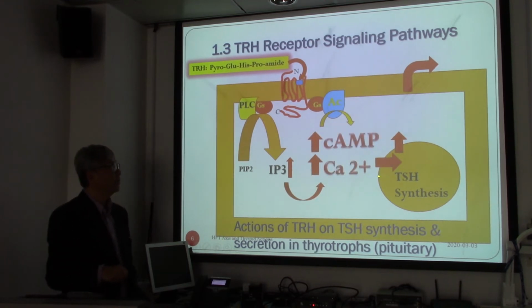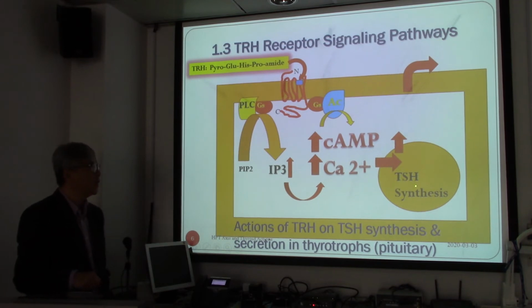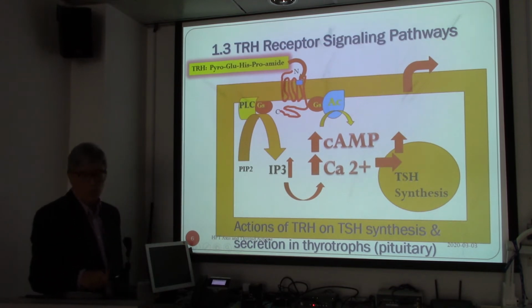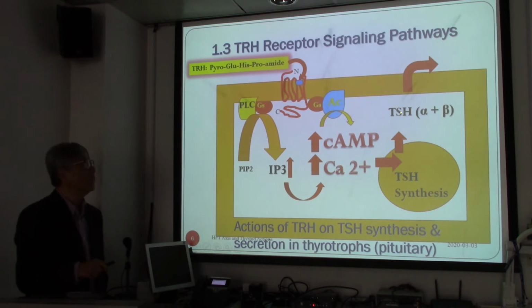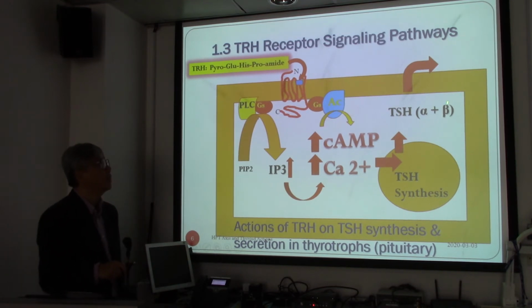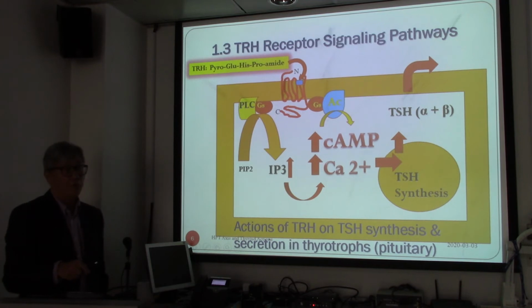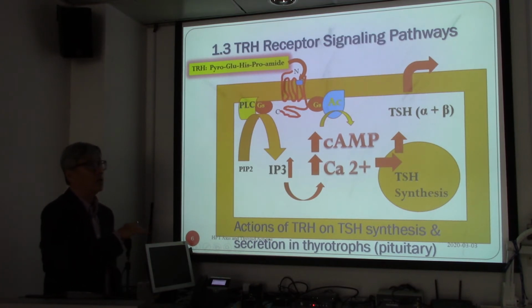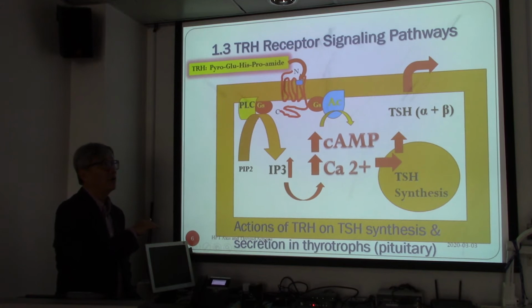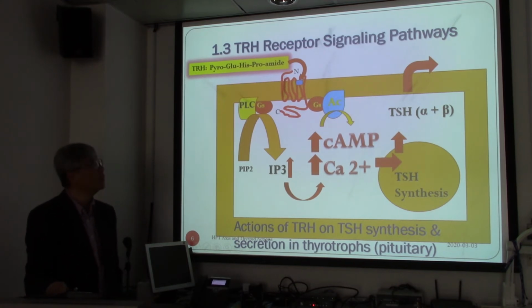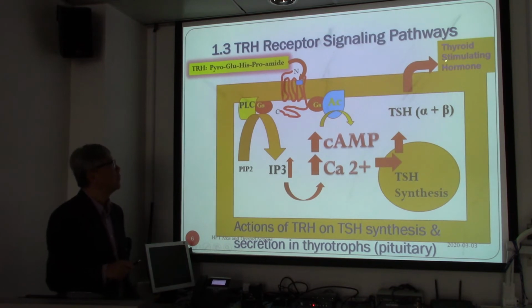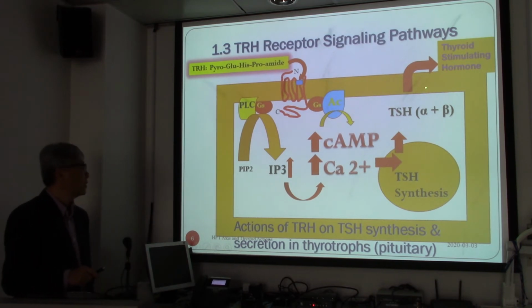That would bring about the release and synthesis of TSH, Thyroid Stimulating Hormone. Remember that thyroid stimulating hormone consists of an alpha chain and a beta chain. The alpha chain is a common one, and the beta chain is a special one mainly for thyroid hormone. So that is thyroid stimulating hormone, or TSH.